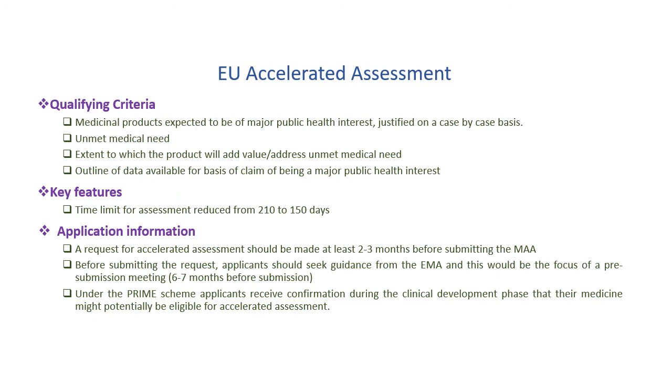So basically you go to EMA and you take the guidance from them, and then you present that guidance, that we had a discussion with EMA, and this is how they have suggested, or that's what they have to say on the drug. And this is basically done 6 to 7 months before submissions.